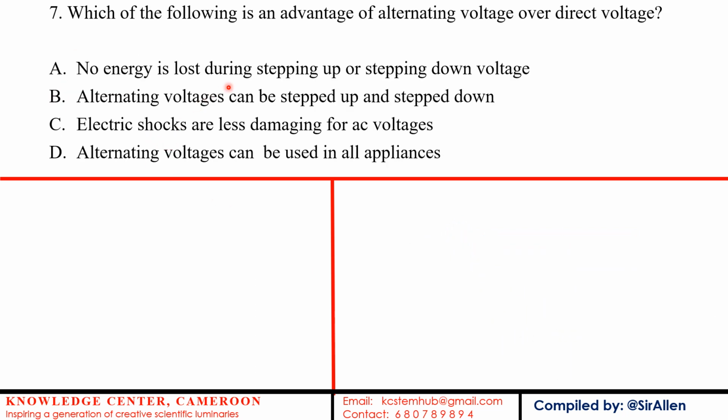So which of the following is an advantage of alternating voltage over direct voltage? All right, let's talk about this a little bit. Let's talk about transmission systems. Now I want to transmit a certain power, P_T.